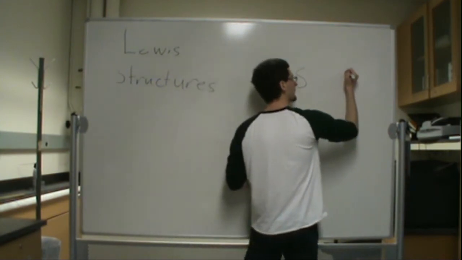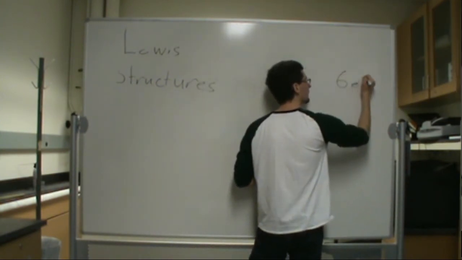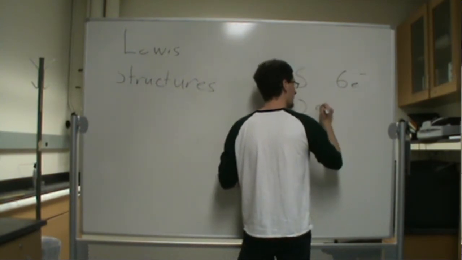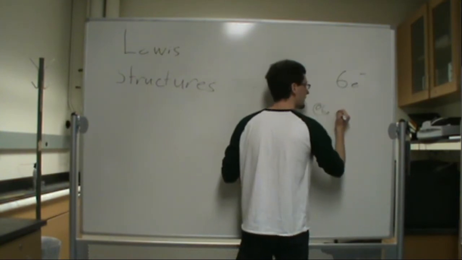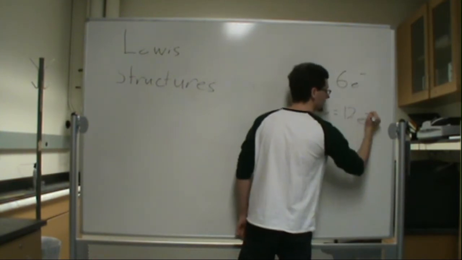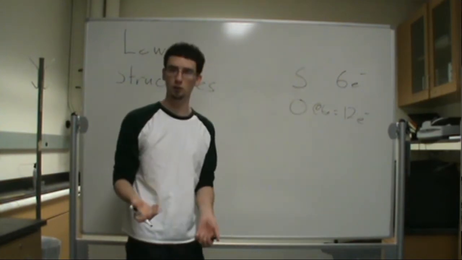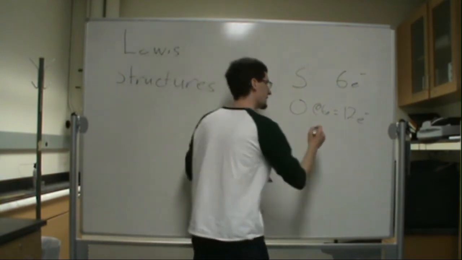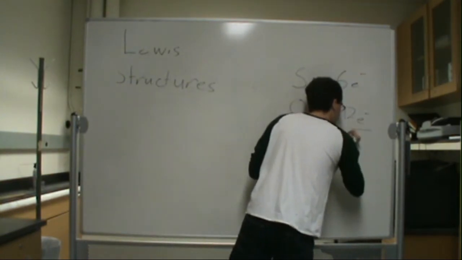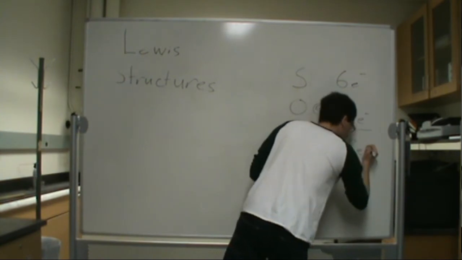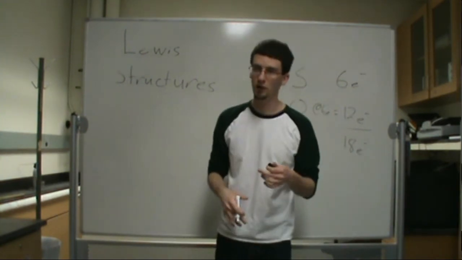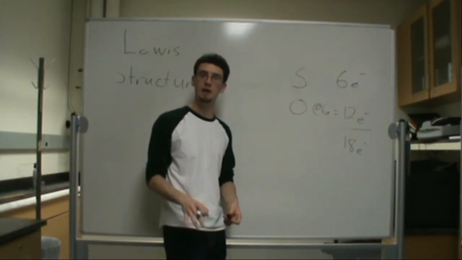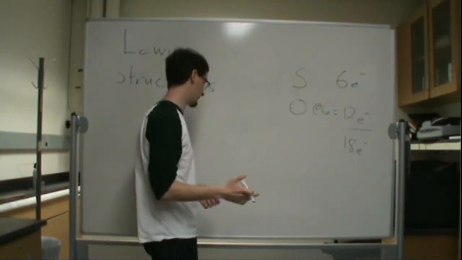Sulfur has 6 electrons, and each of the oxygens has 6 electrons, so we have a total of 12 electrons for the oxygens, which means in total for our entire system, we should have 18 electrons. It's always a good idea to sum up what the electron count should be before you draw the Lewis diagram, and to double check after it has been drawn.